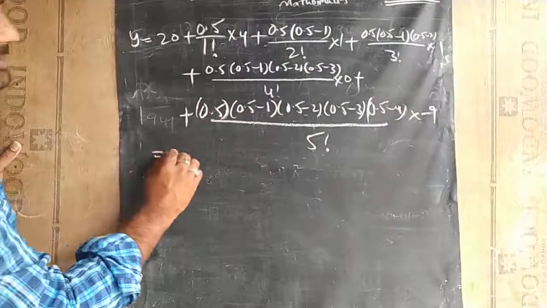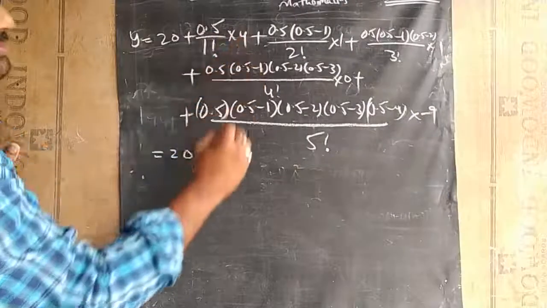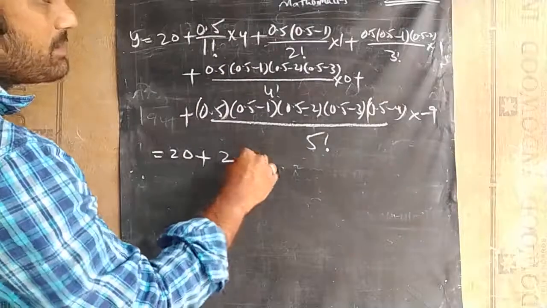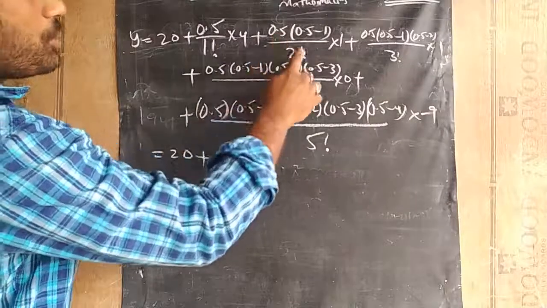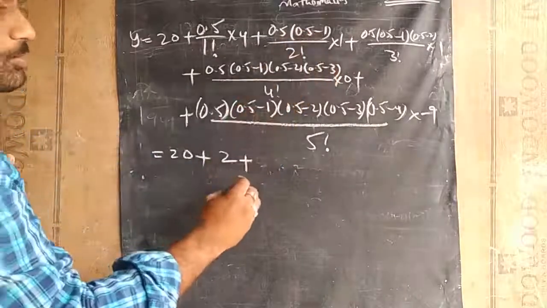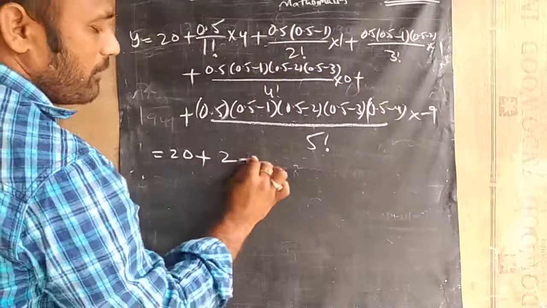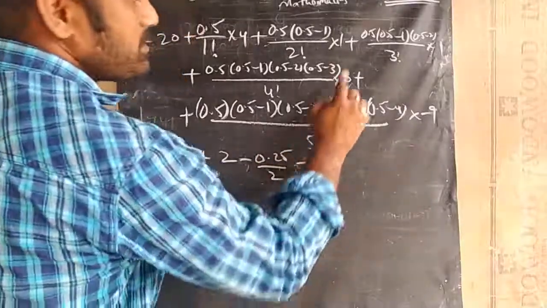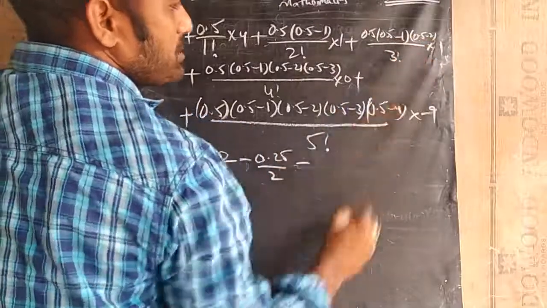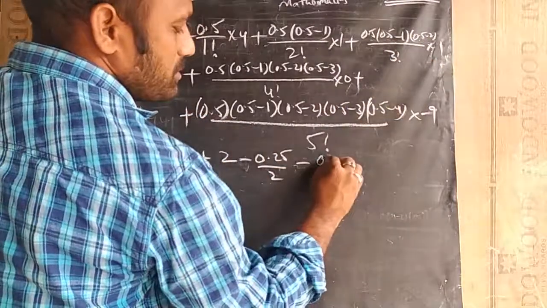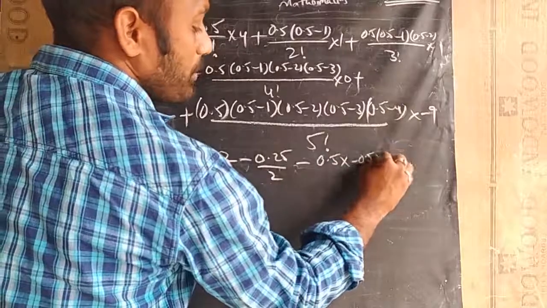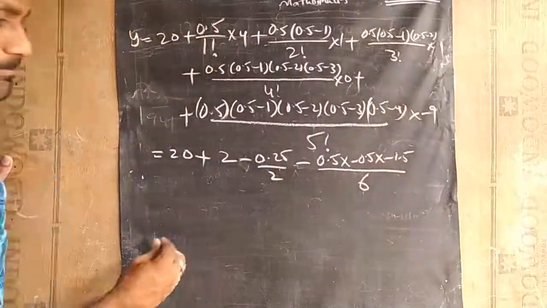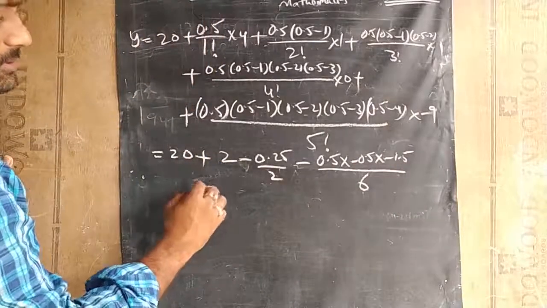Now let us do the simplified steps. 20 plus 0.5 times 4 is 2. Plus 2 factorial means 2, so 0.5 into minus 0.5; 5 fives are 25, so it will be minus 0.25 by 2. Plus 0.5 into minus 0.5 into minus 1.5 divided by 3 factorial. Plus 0 into something is 0.